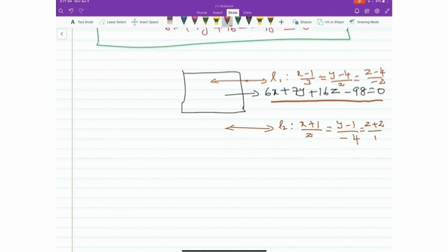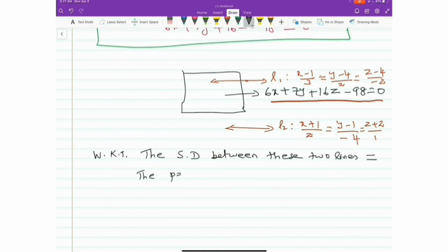So let me write the formula for you first. We know that the shortest distance between these two lines is equal to the perpendicular distance. This statement is very important.